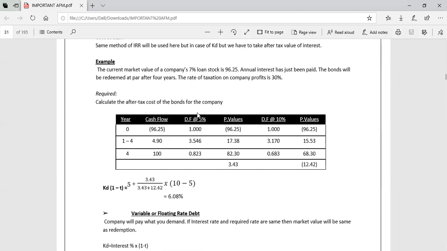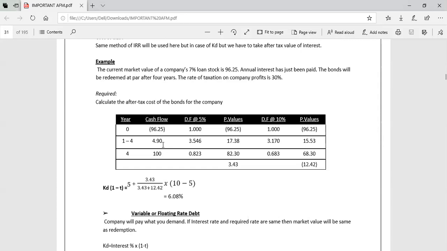And then as he is calculating the after-tax cost for the company, meaning he is calculating the KD, the coupon was 7%. So after tax rate, it will be 4.90.